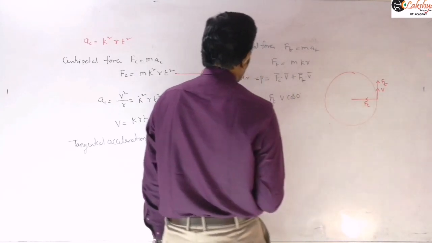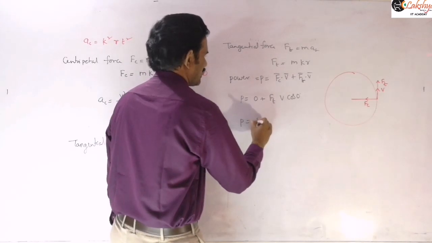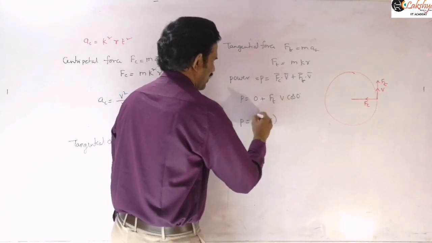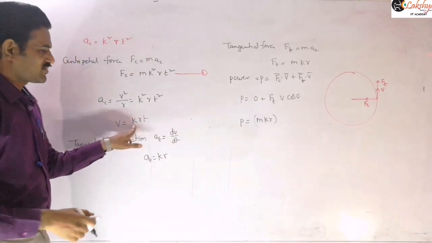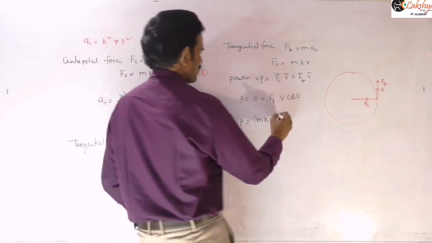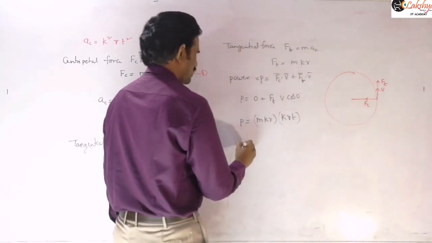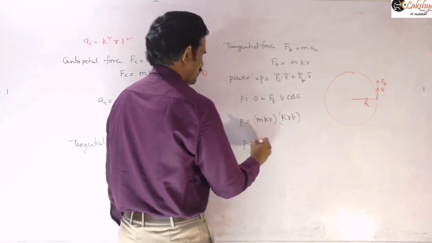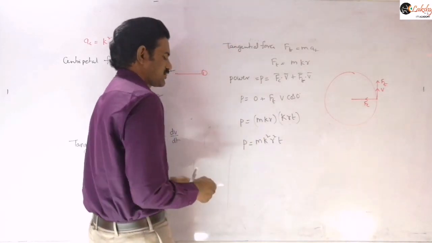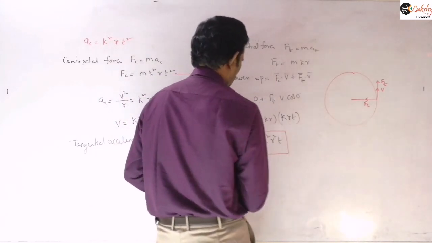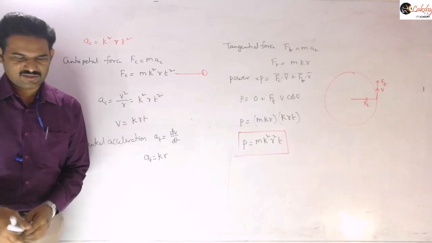Therefore the Ft expression you can write as m into k into r, and for velocity we already derived this expression, so that expression we can substitute there, k into t into cos 0. Therefore this power delivered will be equal to m into, so this is the expression for the power delivered in this case, right? So it is a way of finding the power in this circular motion.